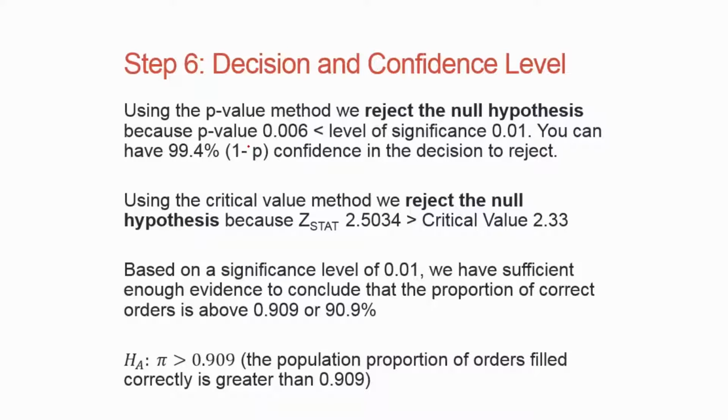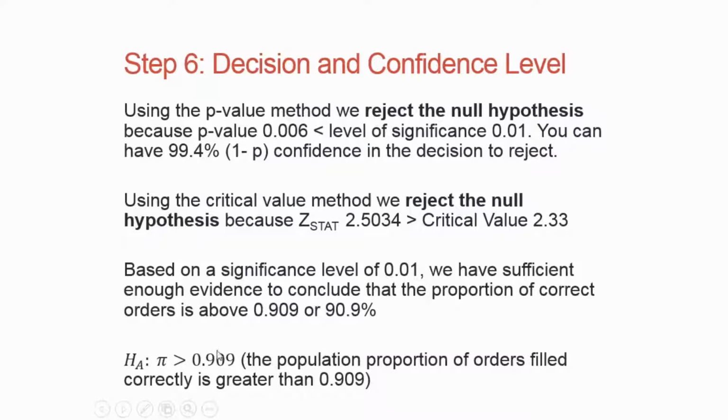If I want to use the critical value method, I'm going to have the same result. I'm still going to reject the null because my calculated z-stat is 2.5034 and my critical value is 2.33. So therefore, if I need a significance level of 0.01, we do have enough evidence to reject the null at 99% confidence that the proportion of orders filled correctly is above 90.9%.